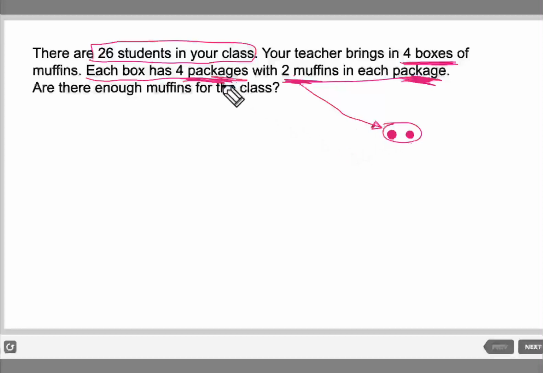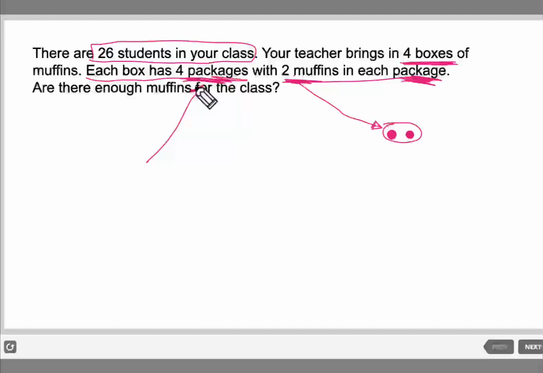So this is 2 muffins in each package. How many packages do we have, my heroes? Not 2. 4. Yes. 4 in each box.